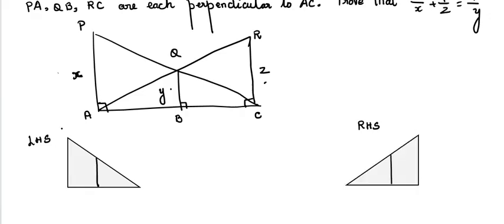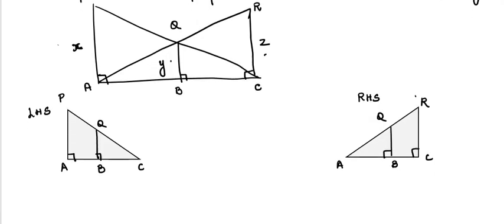Name it accordingly: P, A, Q, B, C. This is also 90 degrees. This is also 90 degrees. R, C, again Q, B, and A. The smaller triangle and the bigger triangle are similar by AA similarity. Shraddha, do you understand AA similarity?